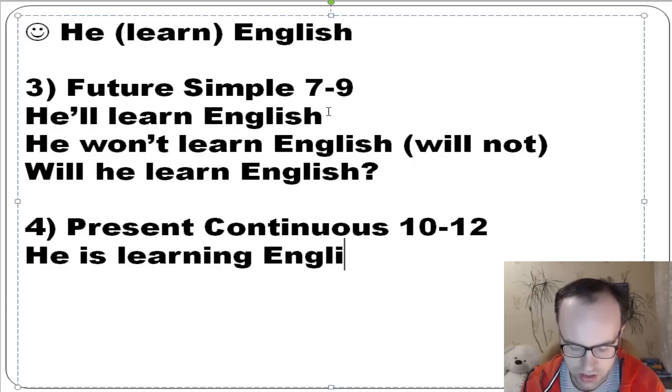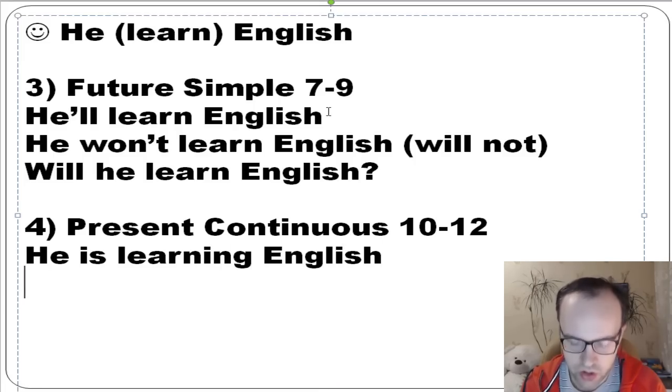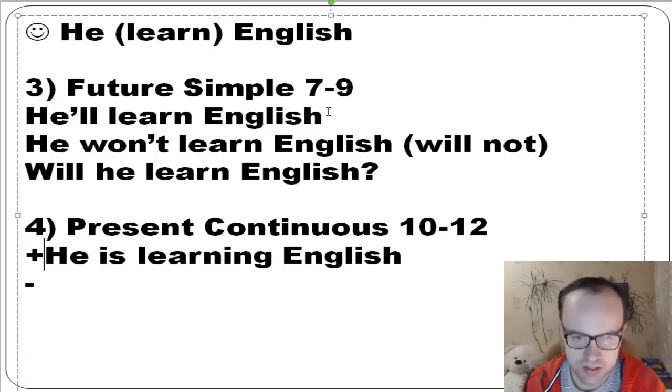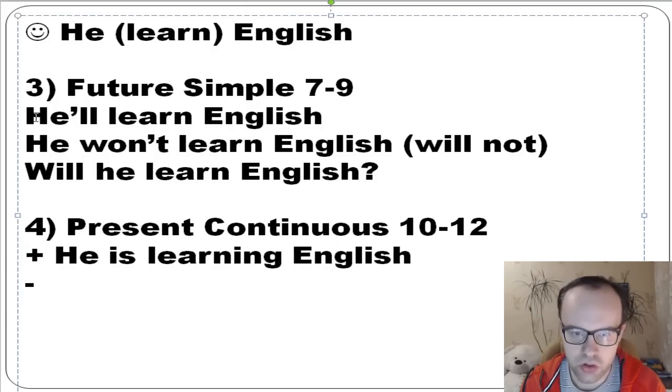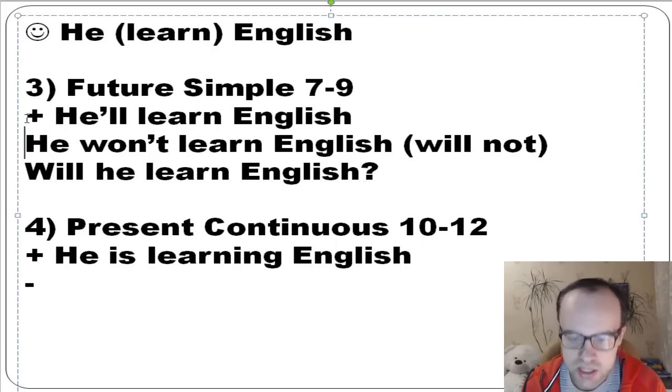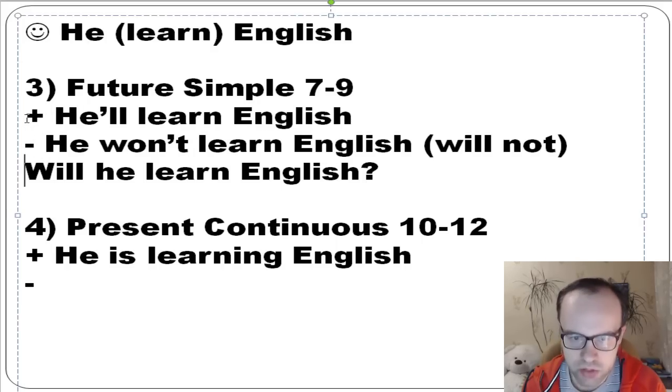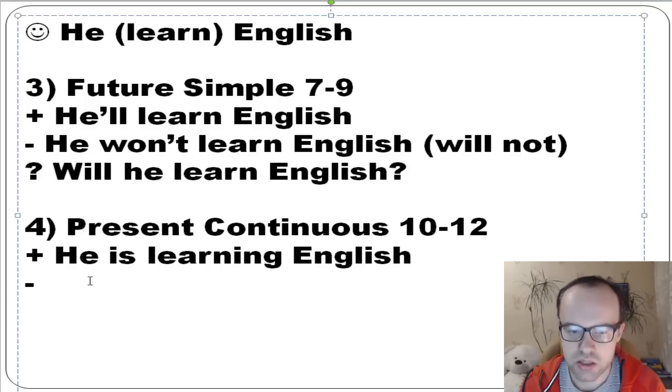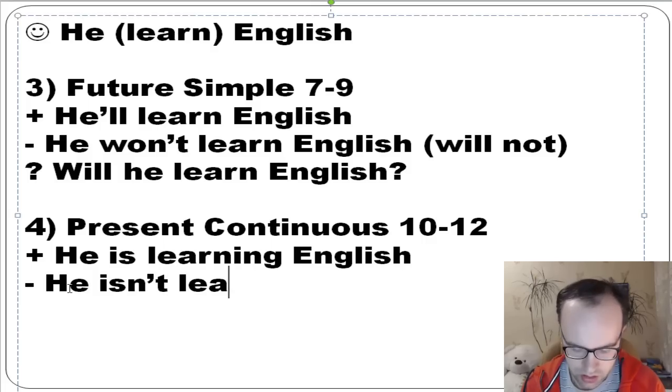He is learning English. So what about a negative form? You know that we need not, or we say isn't, aren't, am not. So he isn't learning English.